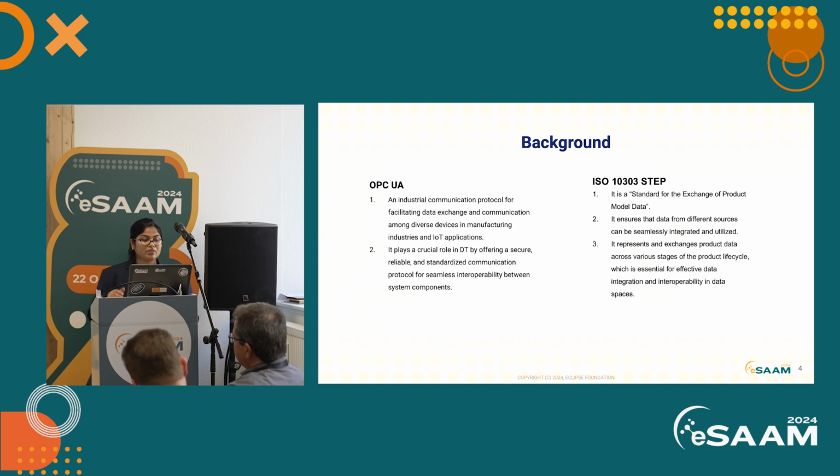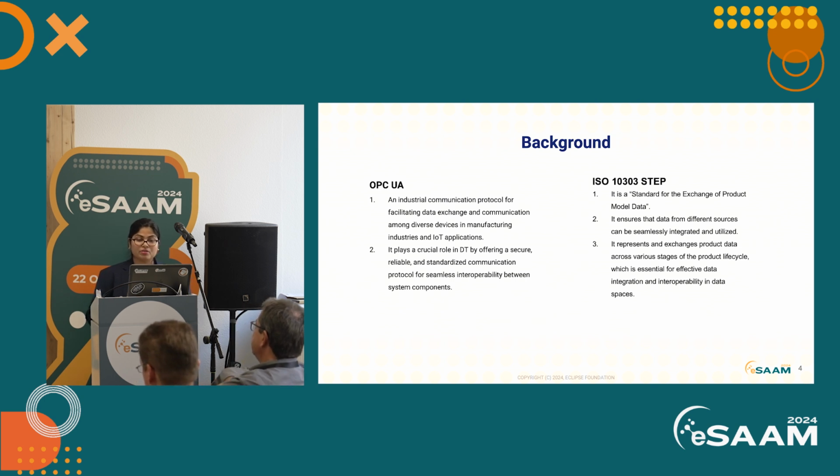To dig deeper into these two concepts, OPC UA is an industrial communication protocol for facilitating data exchange and communication among diverse devices in the manufacturing industry and IoT applications, and it plays a crucial role in digital twin by offering a secure, reliable, and standardized communication protocol for seamless interoperability between system components.